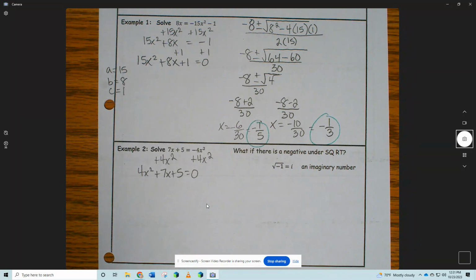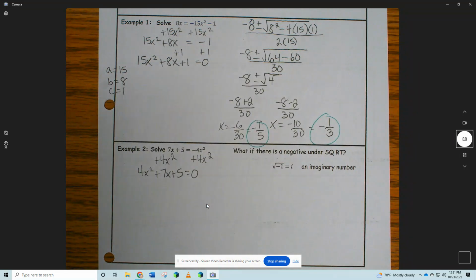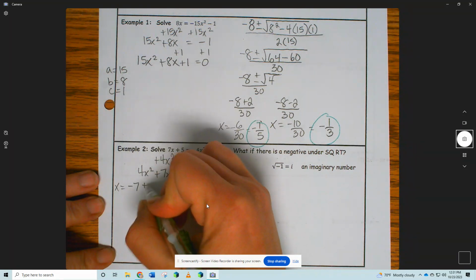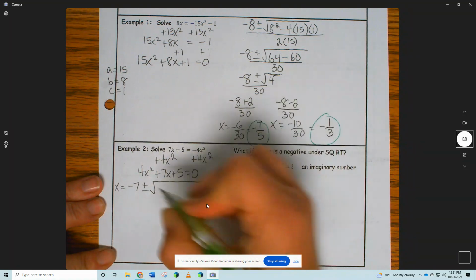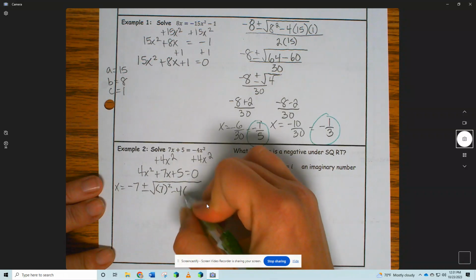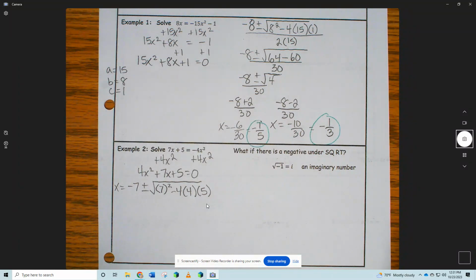All right. Negative b plus or minus the square root of b squared minus 4ac all over 2a. X equals negative 7 plus or minus the square root of b squared, 7 squared, minus 4 times 4 times 5, all over 2a.